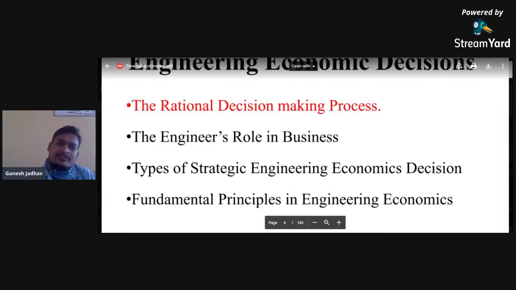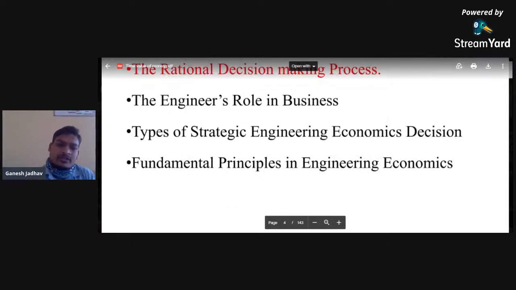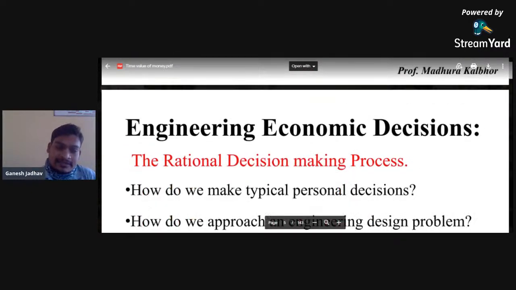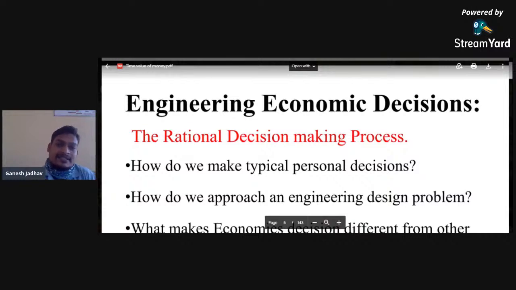It has a number of steps: the rational decision making process, the engineer's role in business, the types of strategic engineering economic decisions, and the fundamental principles in engineering economics. So we learn about the rational decision making process.